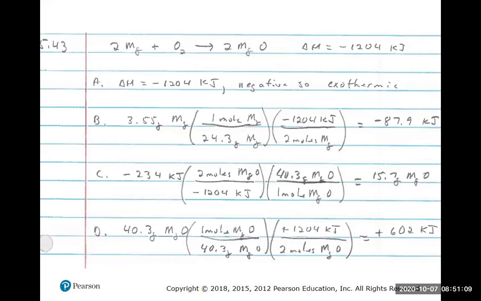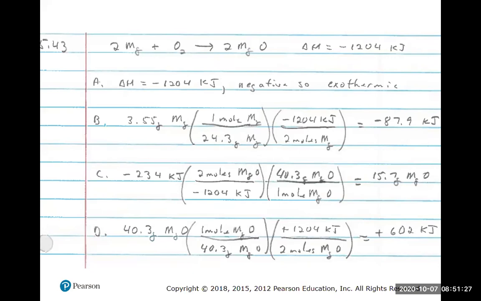All right, let's see. What are they asking us to do in C? How many grams of magnesium oxide, that's the MgO, are produced during an enthalpy change of minus 234 kilojoules?